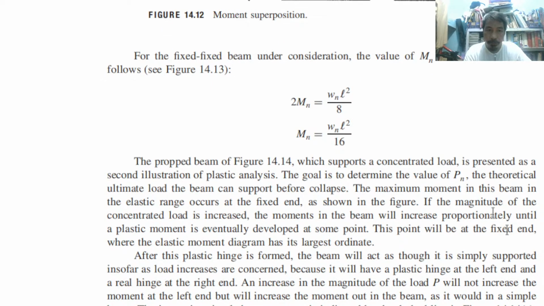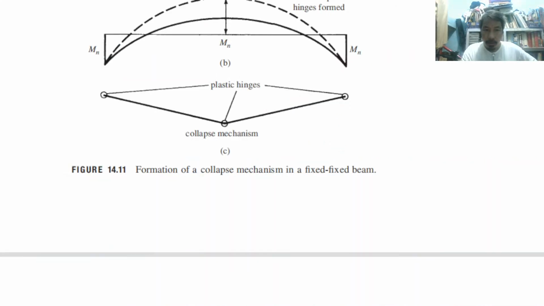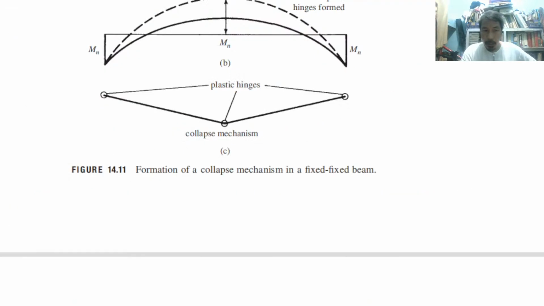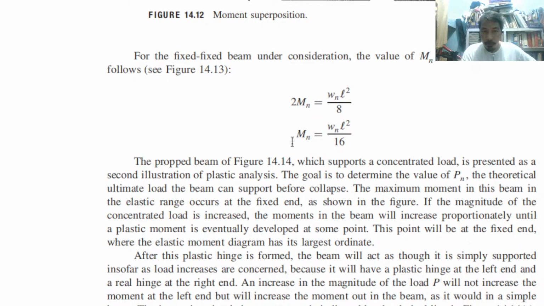So again, if you do that, you can still have the same. This is the same as the previous derivation. We derived it here, so the same. But now we are finding out the value of moment rather than Wn.